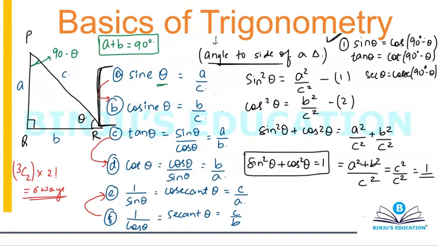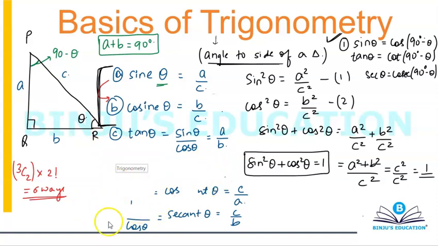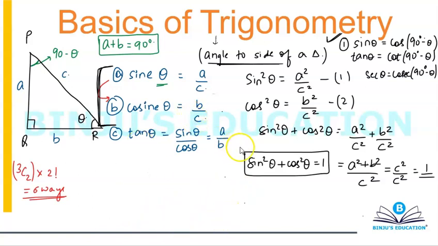Now, moreover, what we can do with this is, let me remove this part. We don't need this anymore. This is basically where my second set of properties begins. Okay. So sine squared theta plus cos squared theta is equal to 1.